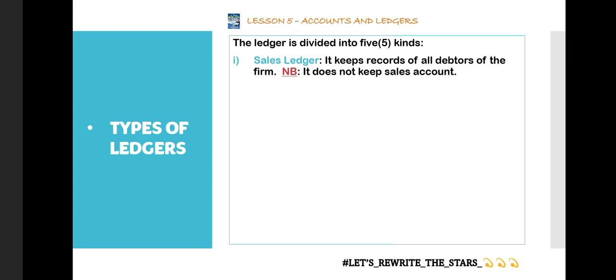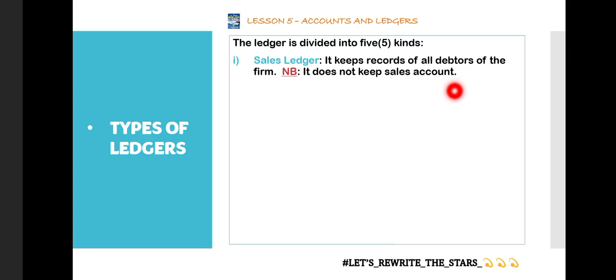Because they've given us the money, we can't record them under sales ledger, which records only all the debtors of the business. Someone comes to purchase an item from us and has not paid. The person is known as a debtor, and for that matter, their account will be recorded under sales ledger.